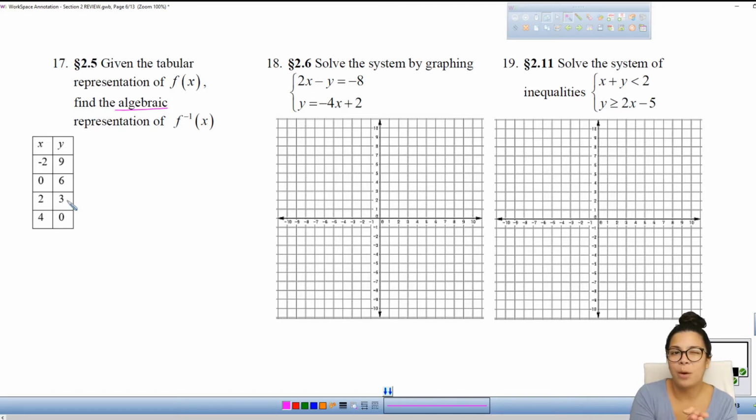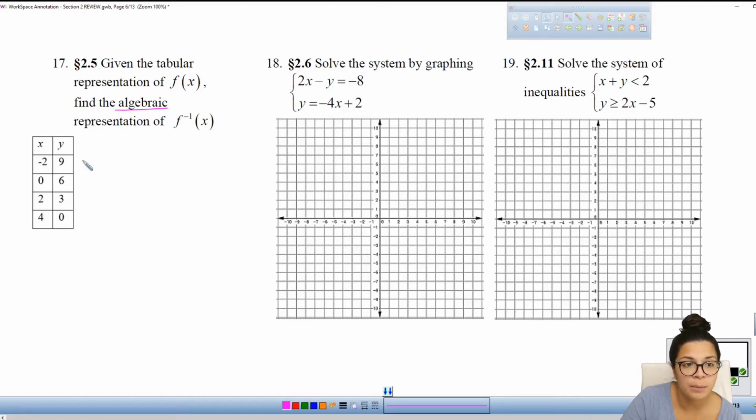So the y-intercept of the original function becomes the x-intercept of the inverse function, and vice versa. The x-intercept of the original function becomes the y-intercept of the inverse function. So I have the x-intercept here, which would mean that is the y-intercept of the inverse.